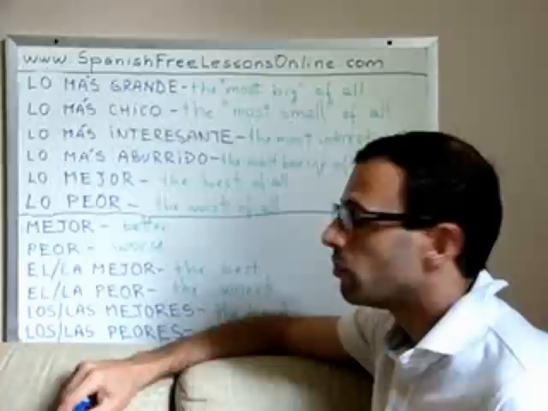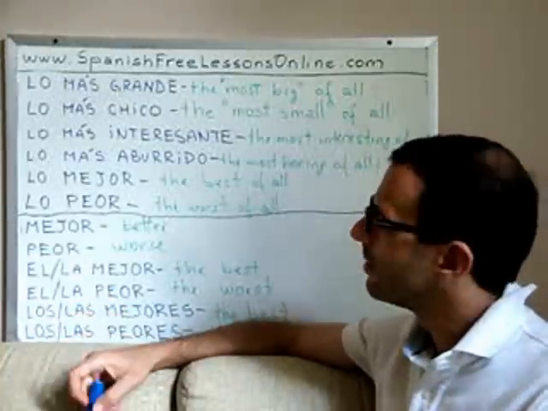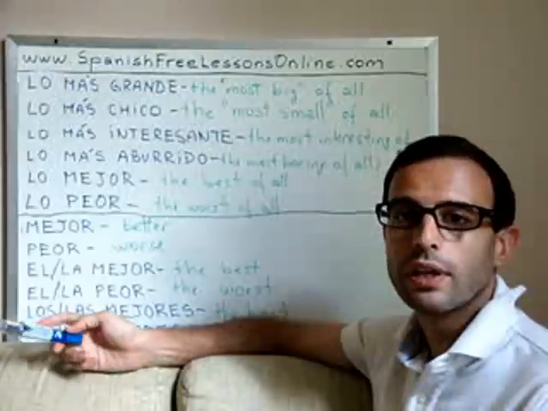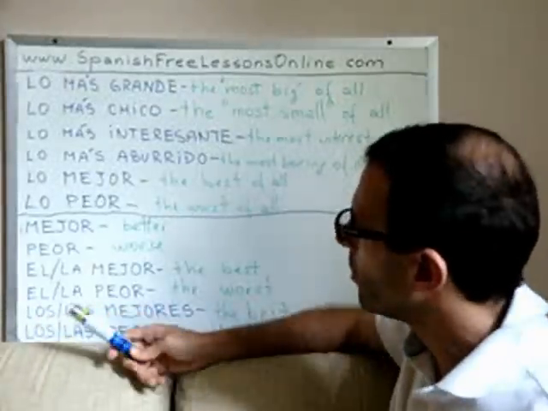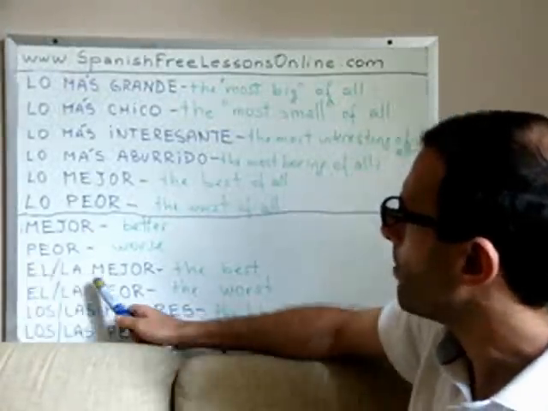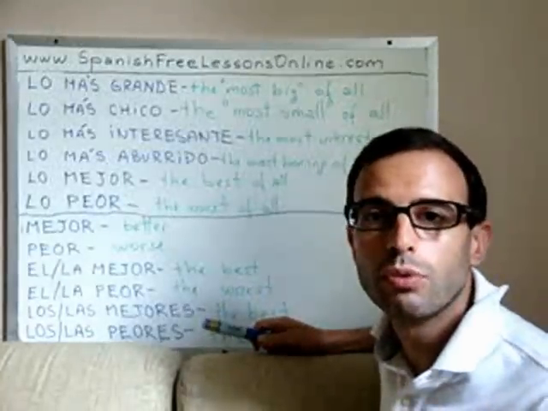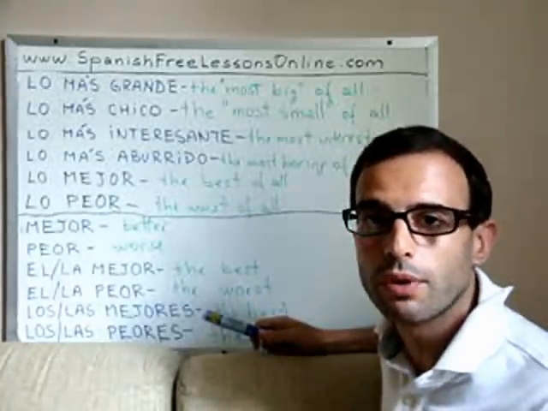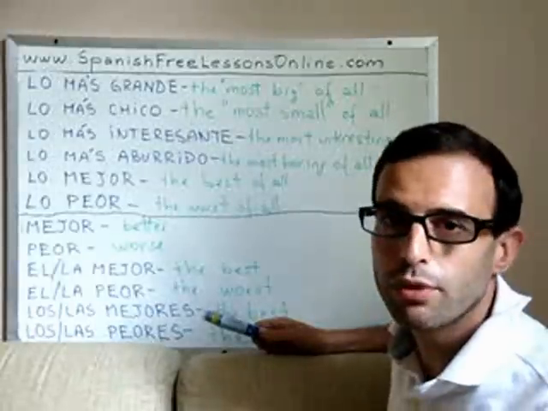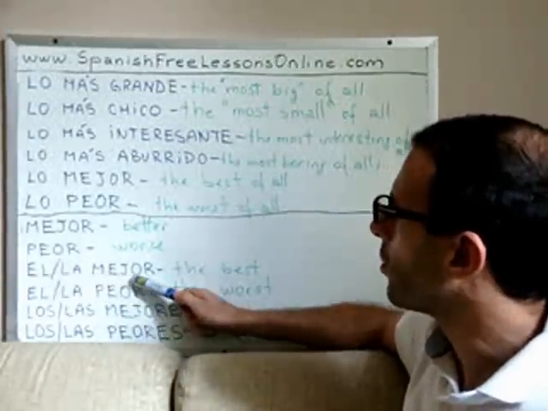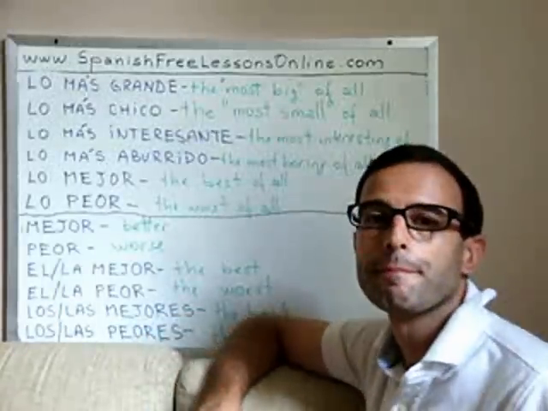And if you want to say the best, following the same rule we've seen in our previous lesson, we will say el mejor. That means the best if we refer to a masculine object, okay? If we want to refer to a feminine object, it is la mejor, okay?